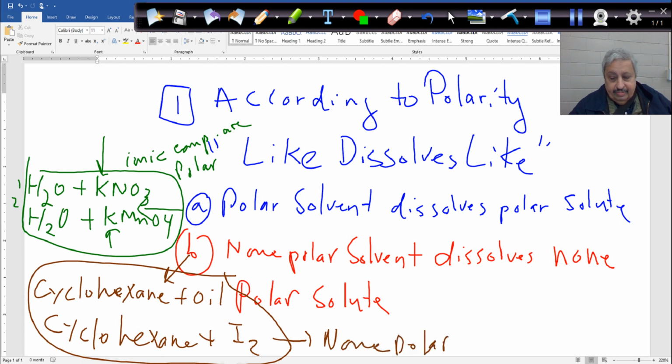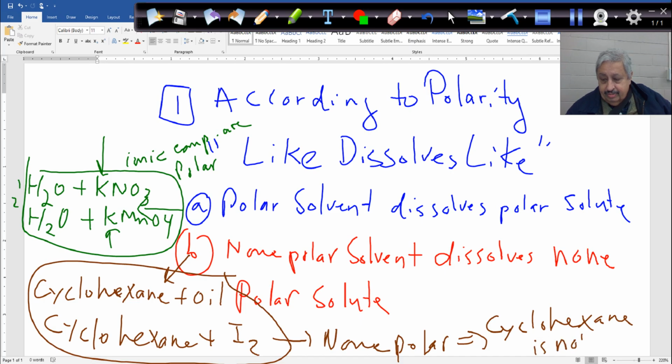And the solvent is cyclohexane, non-polar. So like dissolves like means you have to have them on the same polarity.